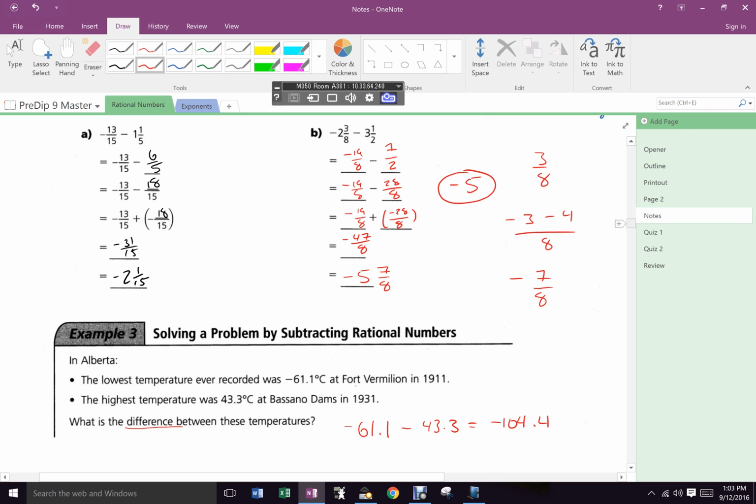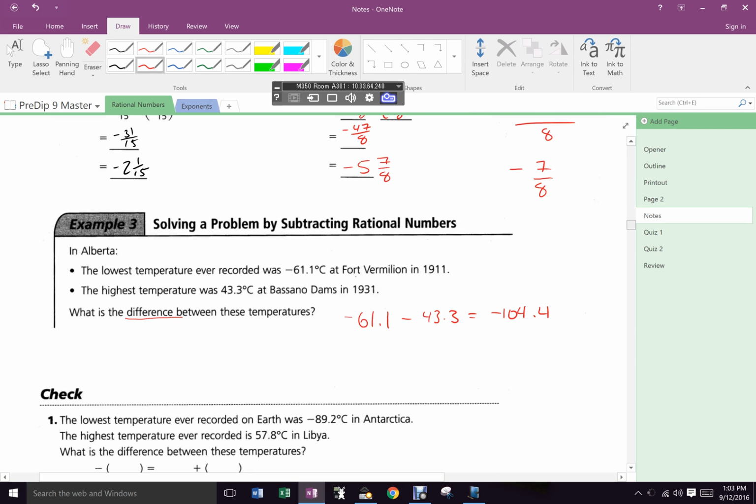Now, look at that question and tell me if mathematically it makes sense, and then logically does it make sense. Would you say that the difference in temperature is a negative amount?